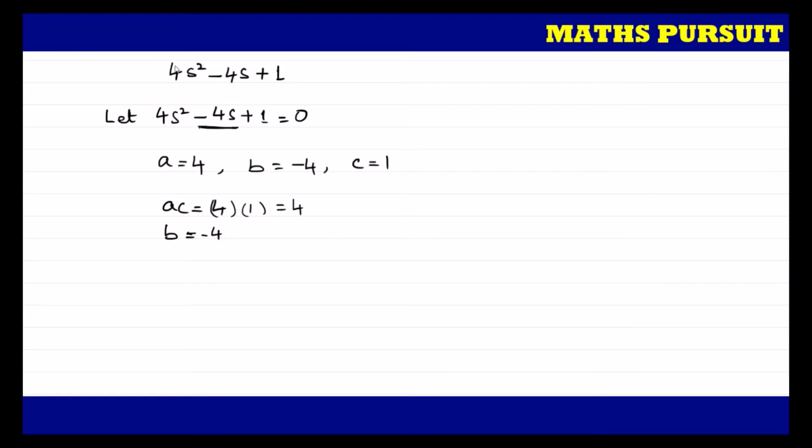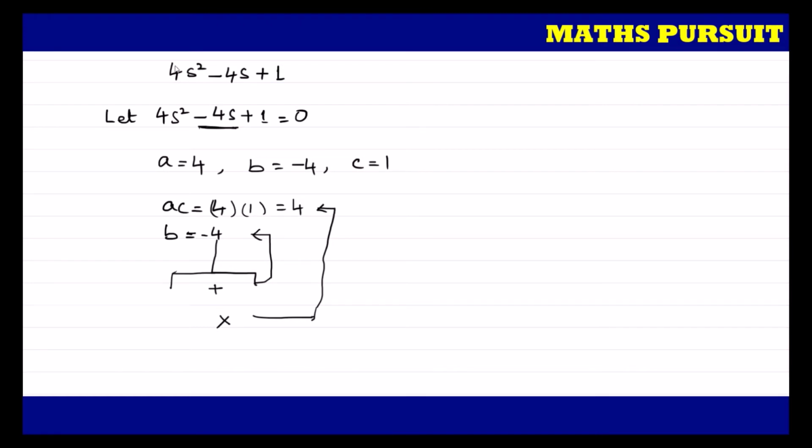If we add those two numbers, we will get -4, and if we multiply them, we will get plus 4. This is what we require. So let's see what those two numbers are.